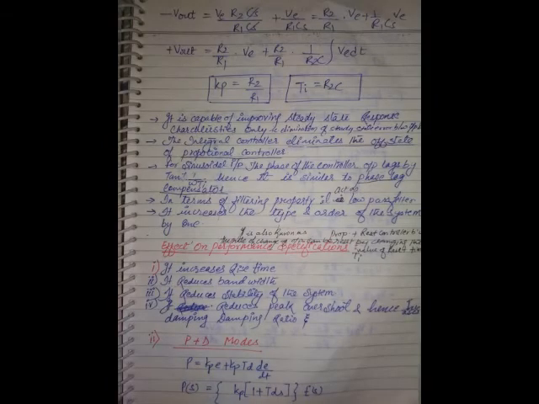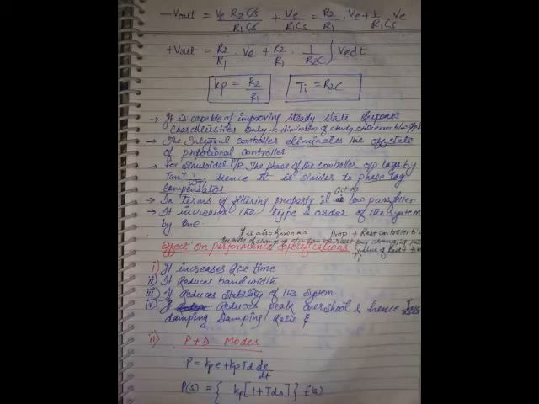This is V out. This is 1 by Cs, R2, R1, E. This is V1. So V minus V1 by R1 equals V1 minus V out by R2 CS plus 1 by CS. Since V1 is 0, we have VE into R2 CS plus 1 divided by R1 CS is equal to minus V out.